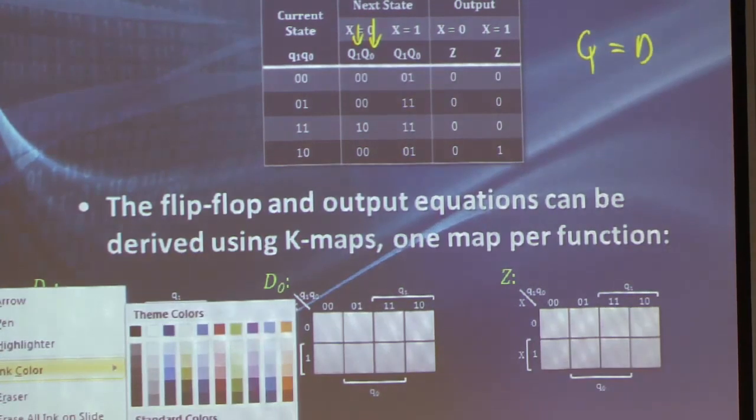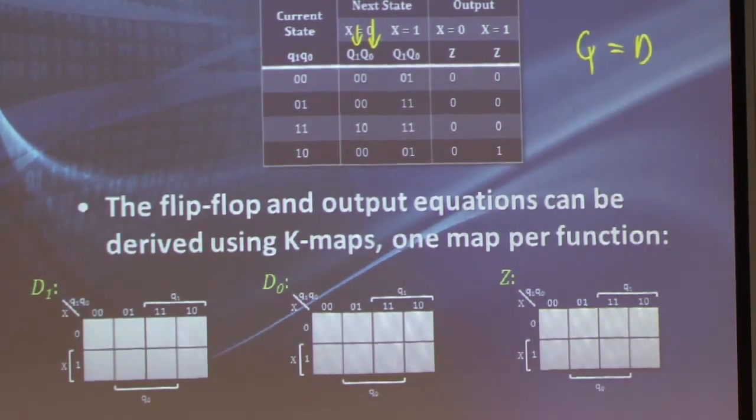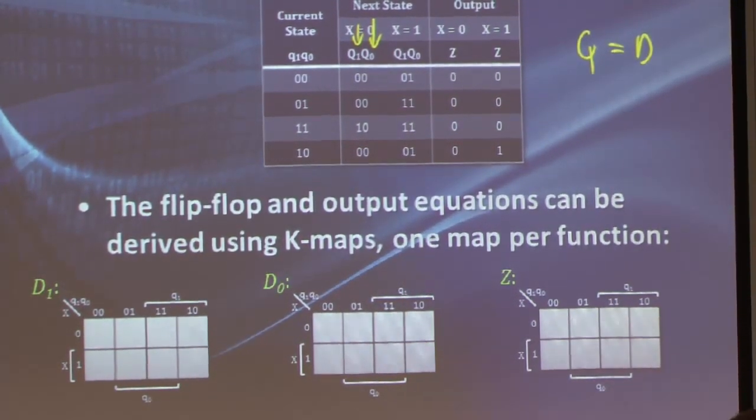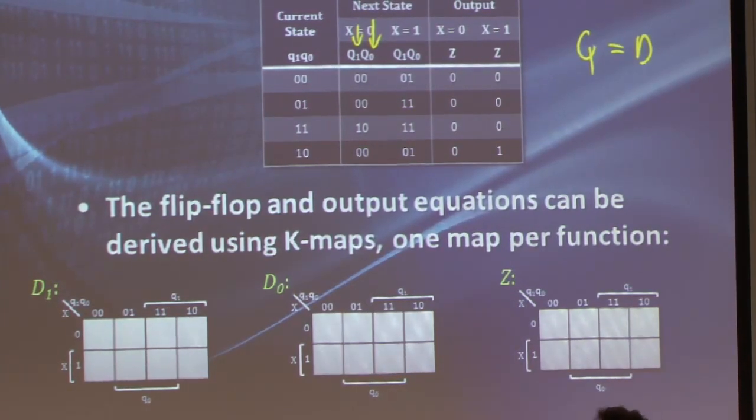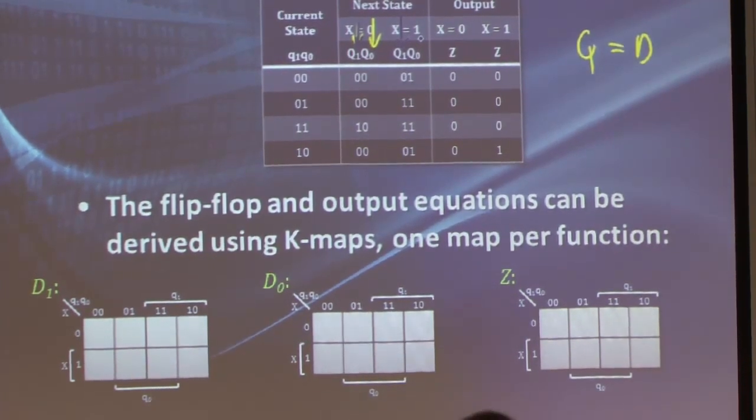We'll change color. So for D1, the input to flip-flop 1, I will need the function to be whatever the values are here, for the case where x equals 0 and for the case where x equals 1.